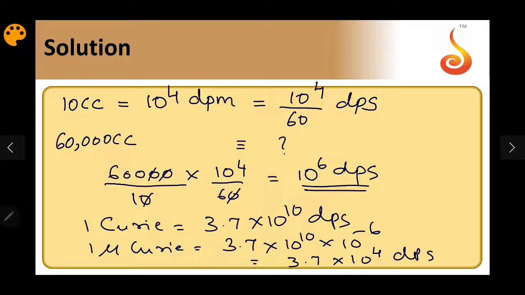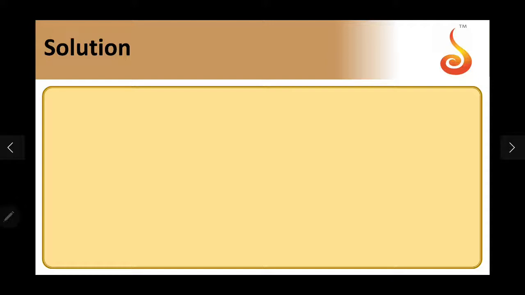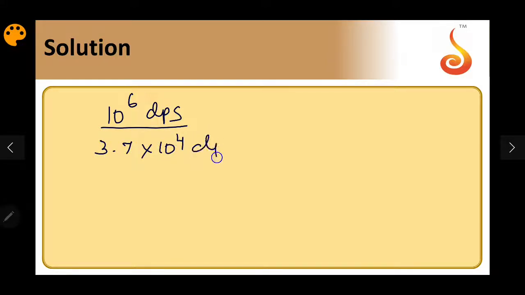So what is the activity of carbon we have to take? 10 power 6 dps divided by 3.7 into 10 power 4 dps gives the number of microcurie.